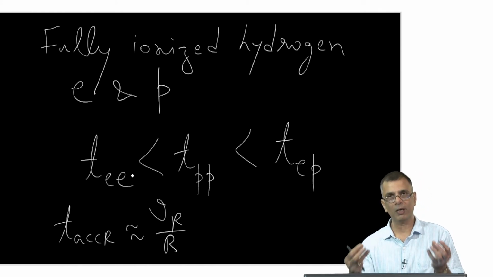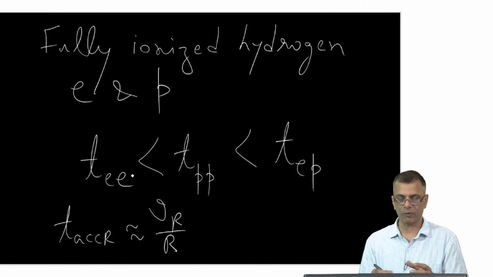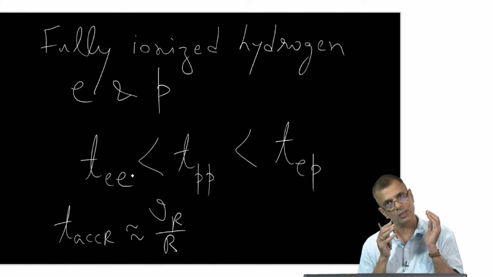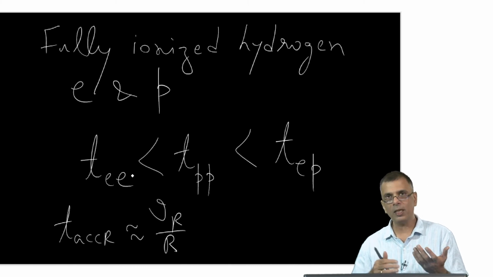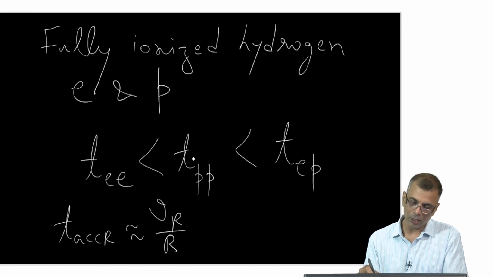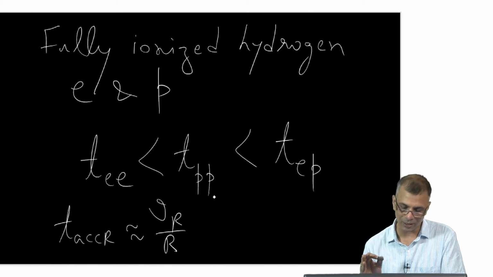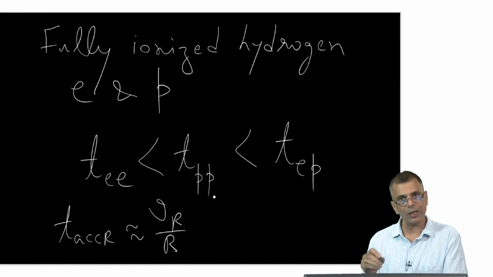So by the time a given parcel of gas moves in, there is enough time for electrons and electrons to equilibrate among themselves via Coulomb collision. So there is a well-defined electron temperature. There might be enough time for the protons to equilibrate among each other. Maybe, may not be. That's not always the case. This is not clear. But definitely there is not enough time for the electrons and protons to equilibrate amongst each other.